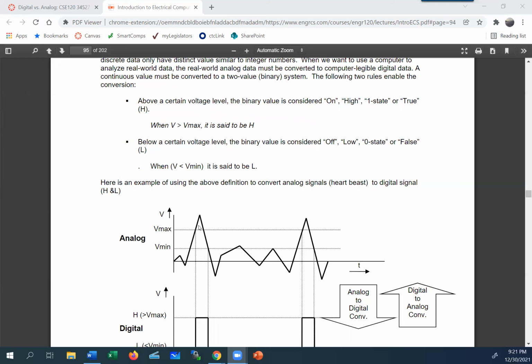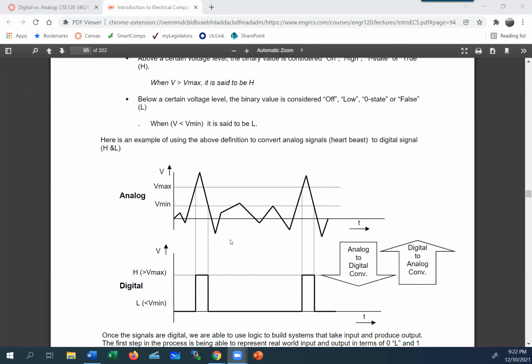Now, if you want to turn it into digital so you can count how many heartbeats you have, you have to somehow decide when this signal will be 1 and when it will be 0. What they decided in the past is to draw two lines. We call one Vmax and the other Vmin.